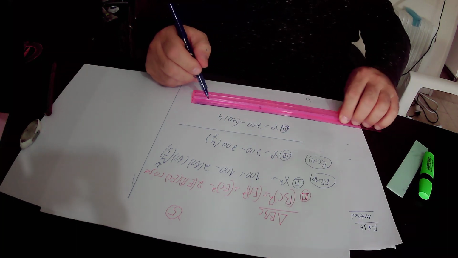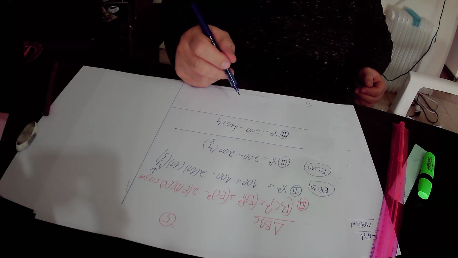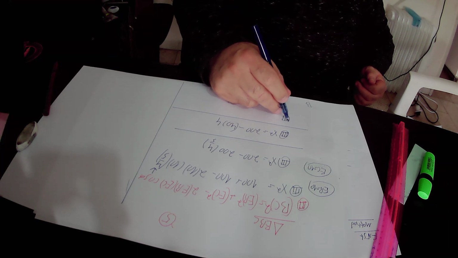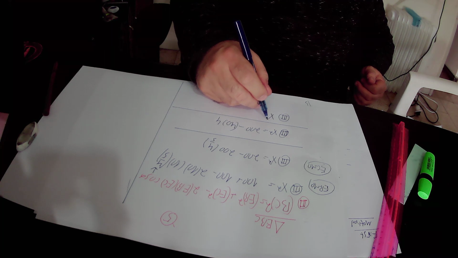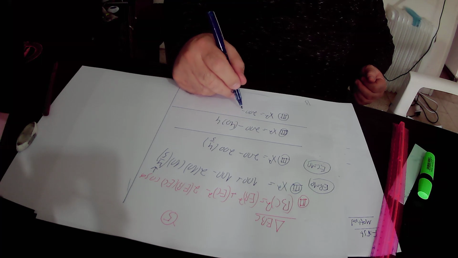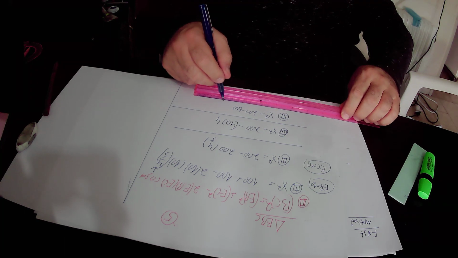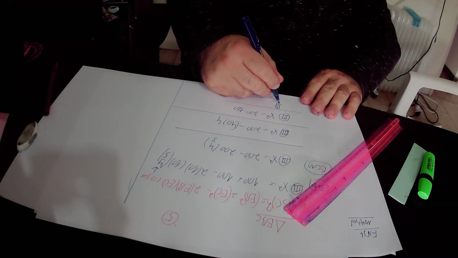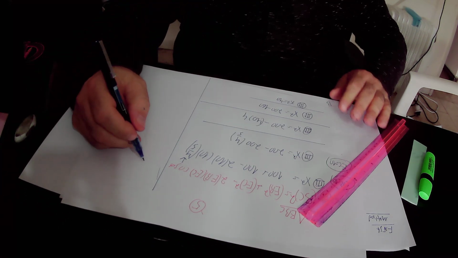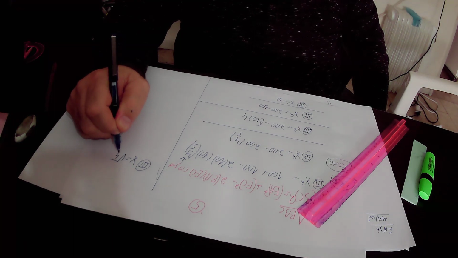So we found out that x squared equals 200 minus 40 times 4. 40 times 4 is 160, and 200 minus 160 is 40. So according to equation number 3, x squared equals 40. We take the square root, and x equals the square root of 40.